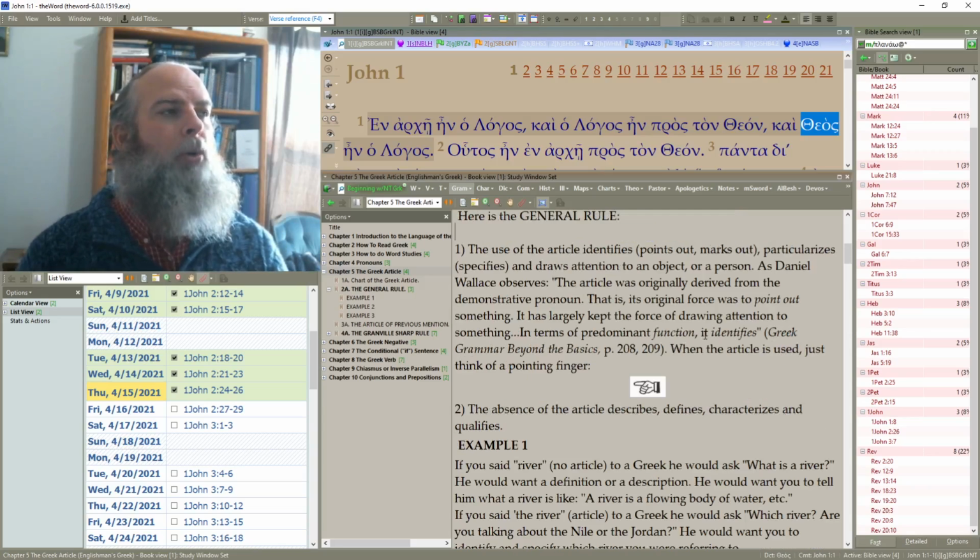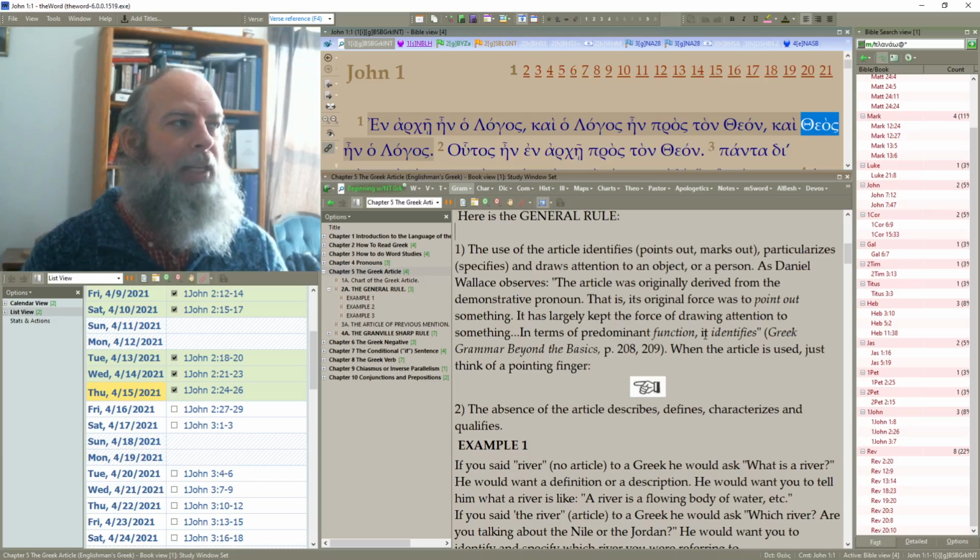The use of the article identifies, points out, or marks out. It particularizes or specifies and draws attention to an object or a person, as Daniel Wallace observes. The article was originally derived from the demonstrative pronoun, like this, that. That is, its original force was to point out something.